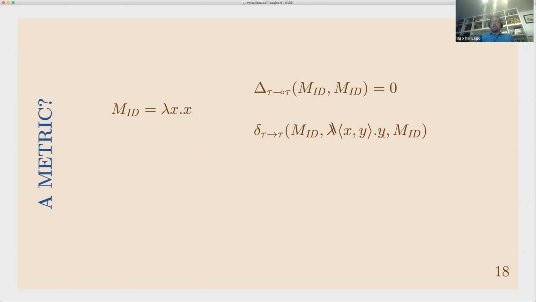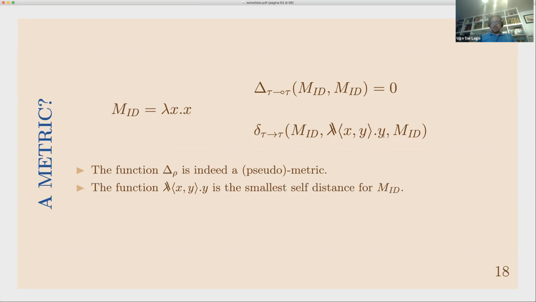Okay. So every term, in other words, is put at the distance 0 by way of metric logical relations, but the differential logical relations do not do the same thing. Actually, there is a notion of a self-distance, which is not at all equal to 0. At least in general, it can be different from 0.